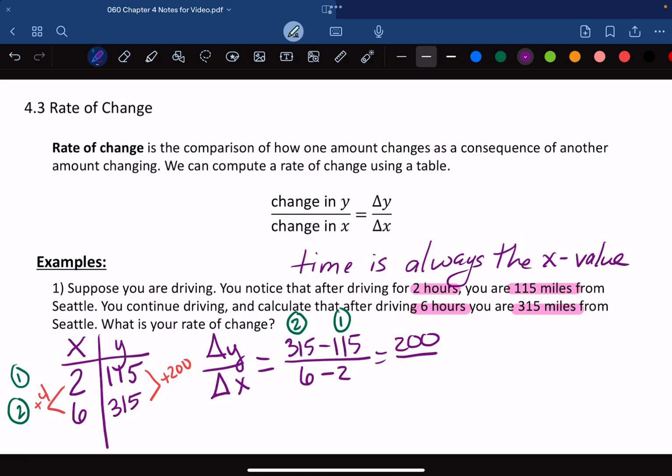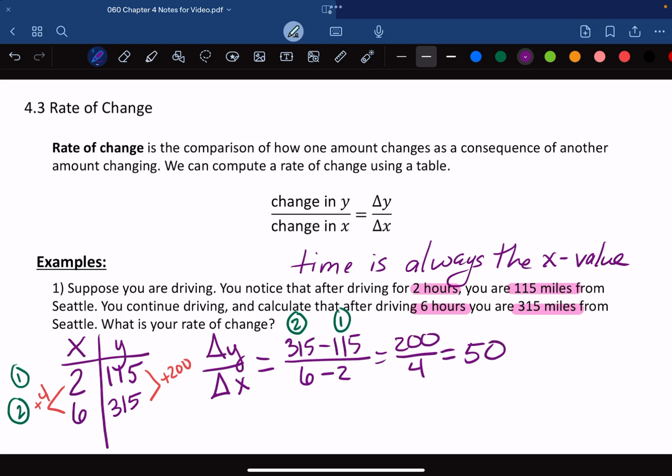And then when I subtract 6 minus 2, I'm going to get 4, which is my change in x. And then I want to divide that. 200 divided by 4 is 50.